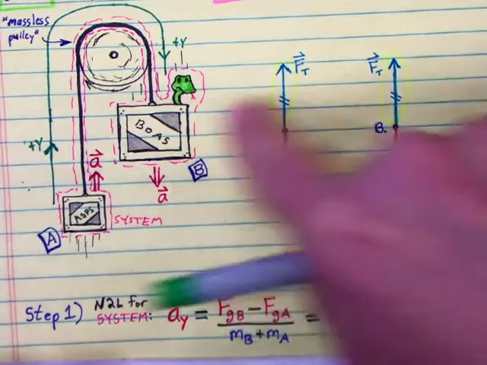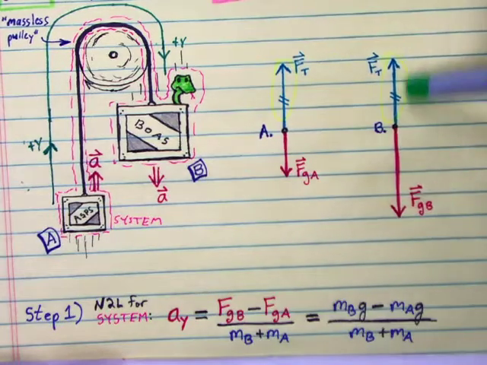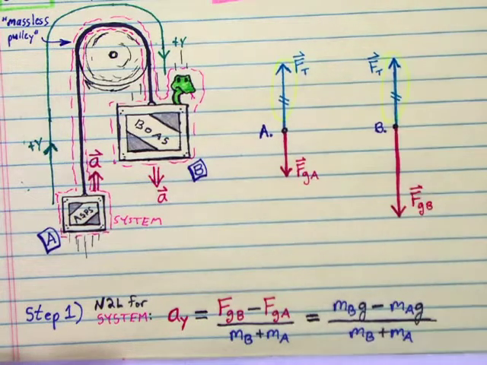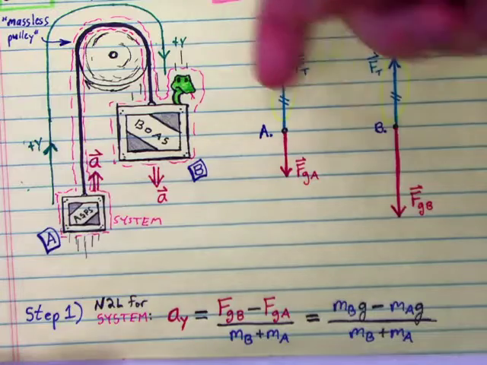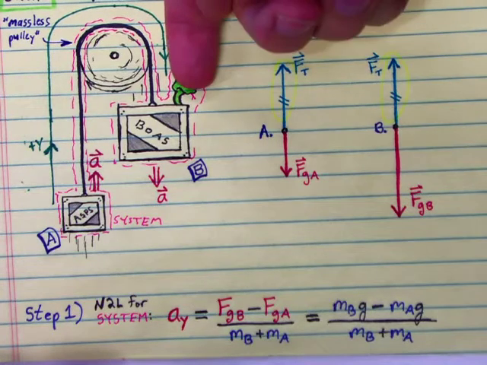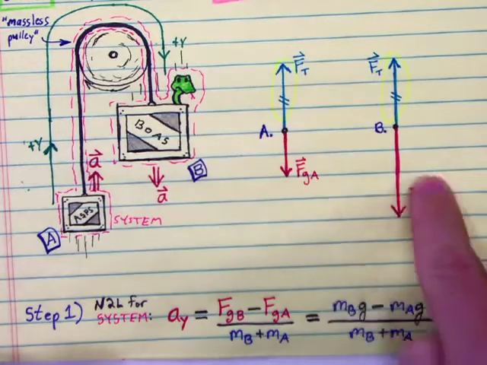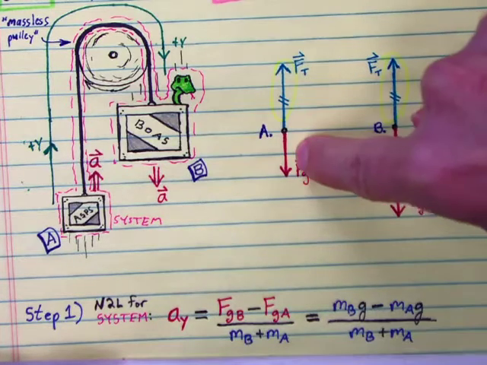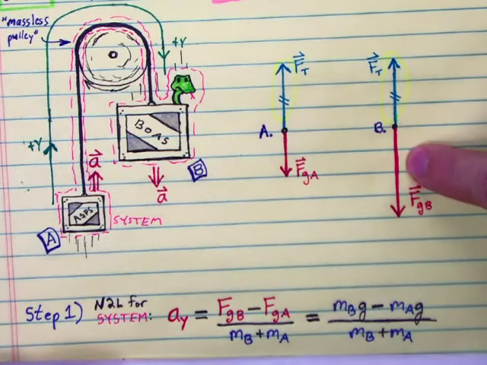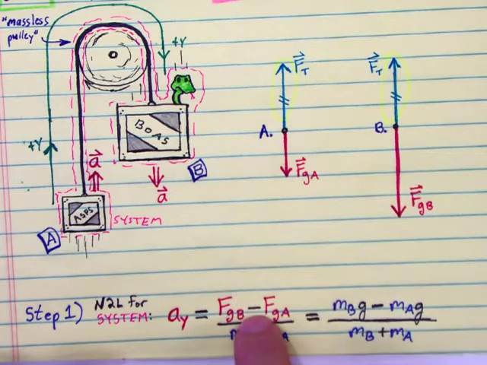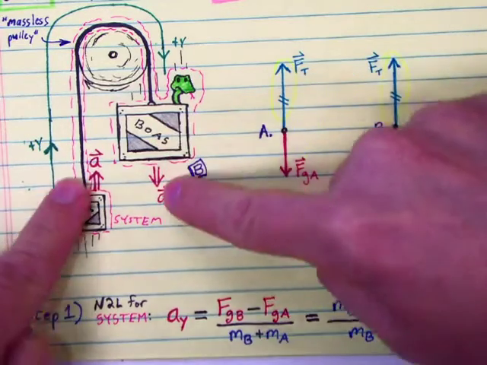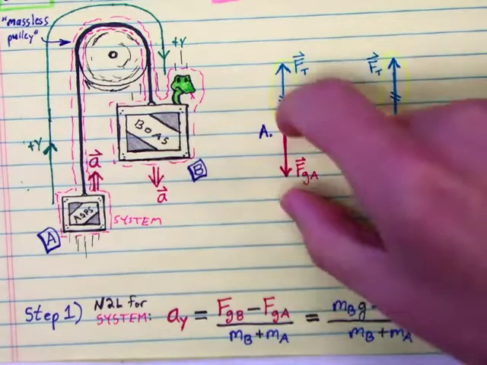And looking at the free body diagram for B, that's an external force because it's due to an interaction with the Earth, which is outside the system, and it is pointing down, which on that side is the positive y direction. So even though both of these weights are pointing downwards, this one is in our negative y direction, and that one's in our positive y direction because of the way we've bent the axis. Hence, we have F_GB minus F_GA. This force here is trying to pull the masses like this, and this force here is opposing it.